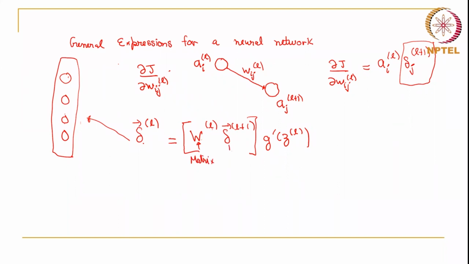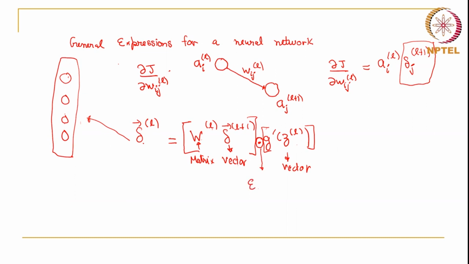This is also a vector. This is also a vector. Now, matrix multiplied by vector is a vector. This is a vector.